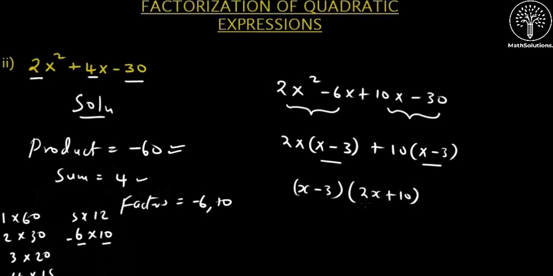Again, here we can see 2 is a common factor in the second bracket. 2 factored out will give us 2 into x minus 3 into x plus 5. So x minus 3 and x plus 5 are the factors of the quadratic expression.